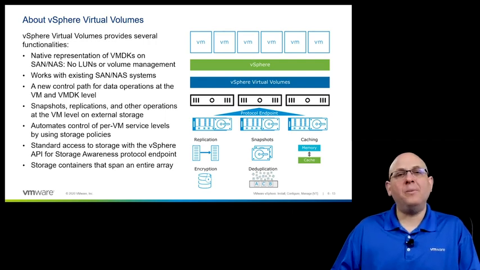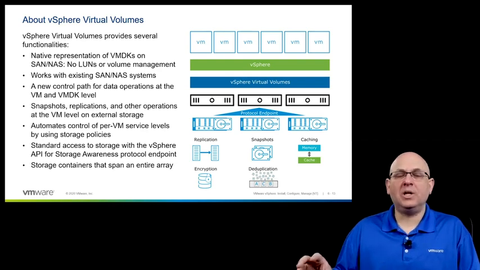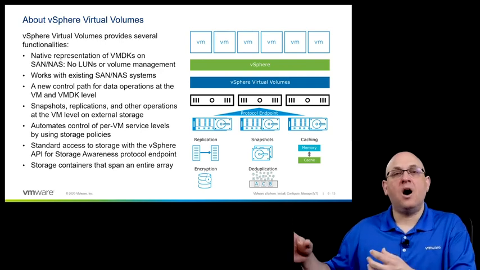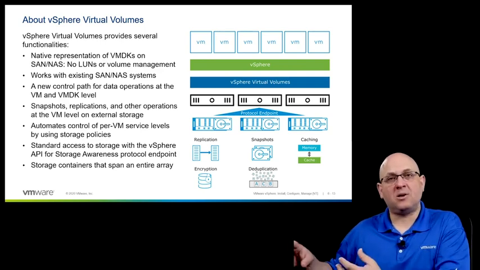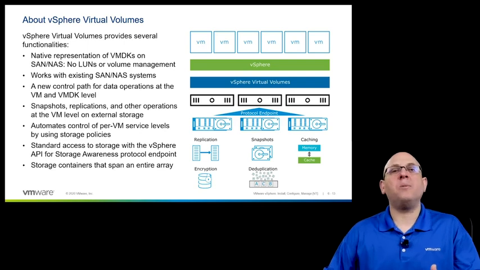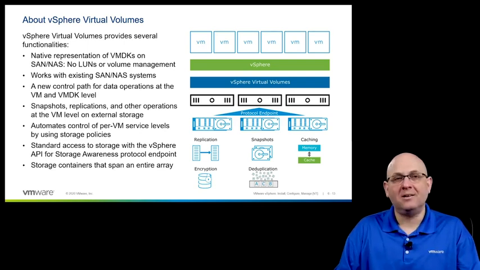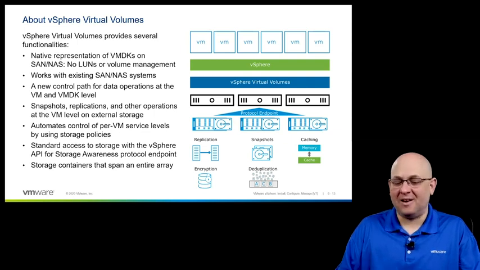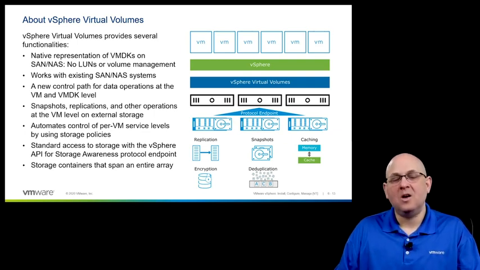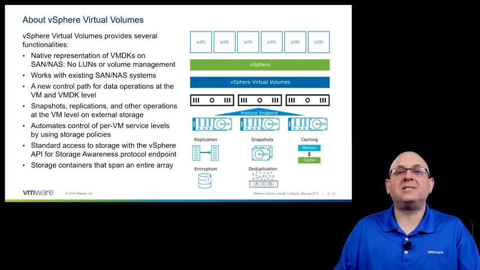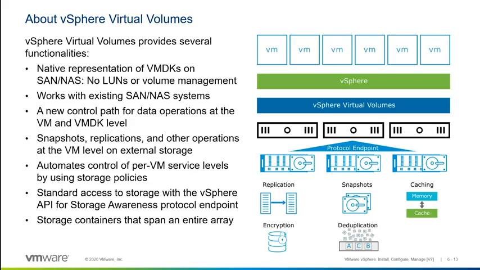So what we're able to do with this object-based storage is make really good use of our storage capabilities on our storage arrays, but we're able to do it and manage it all from the vSphere side. So that gives us a lot of capabilities. We do this through a set of APIs called the API for Storage Awareness.